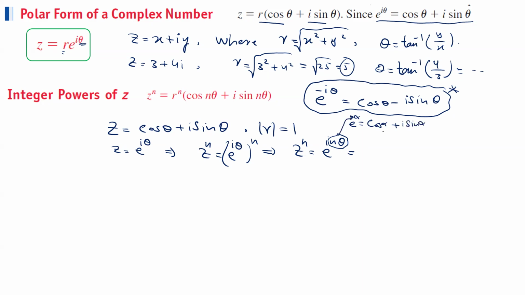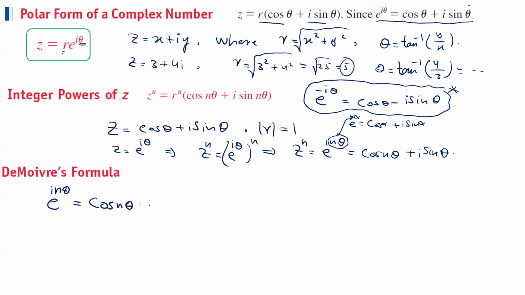But I'm calling this alpha, so if I replace alpha back by n theta, this will be equal to cos n theta plus iota sine n theta. And this is known as de Moivre's formula. So de Moivre's formula is basically this: e to the i n theta is equal to cos n theta plus iota sine n theta.